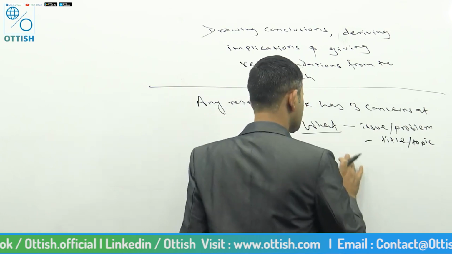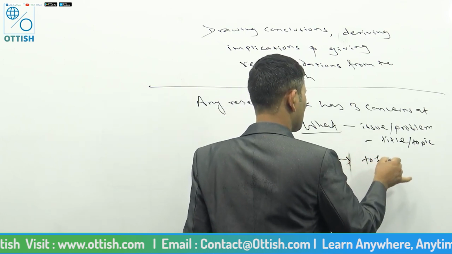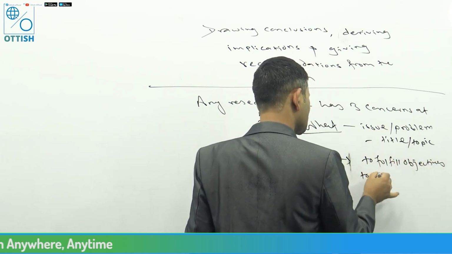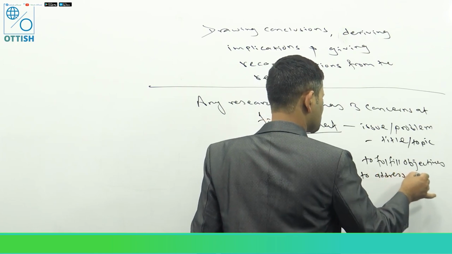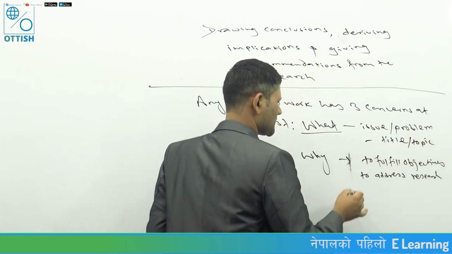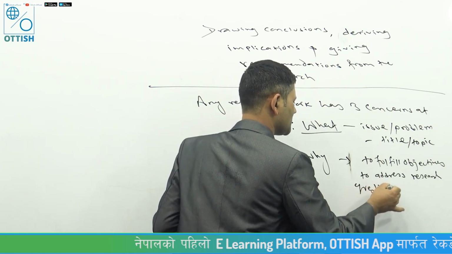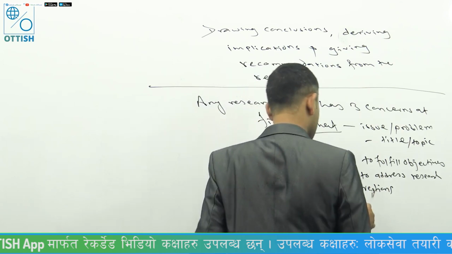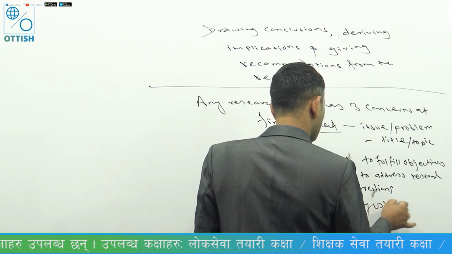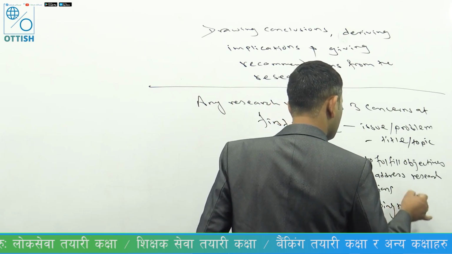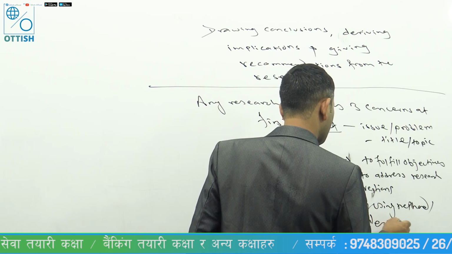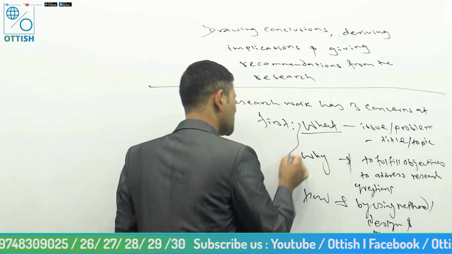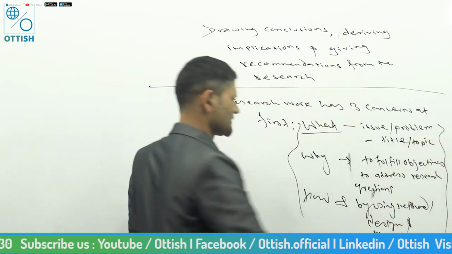To answer the research questions, to fulfill objectives, or to address research questions. And how to study? We study by following a method, design and procedures. These are the three keys we must understand in a research.